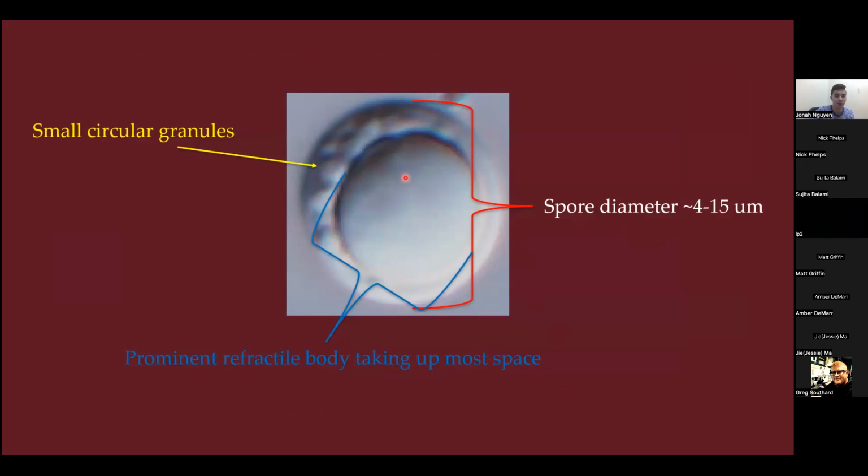And you'll see a prominent refractile body taking up most of the space within the cell. And then these small circular granules that if you focus up or down, you'll see more of. That's if you have DIC or something similar where you could see it really well. So these types of measurements are used to characterize species, the spore diameter and the refractile body diameter.